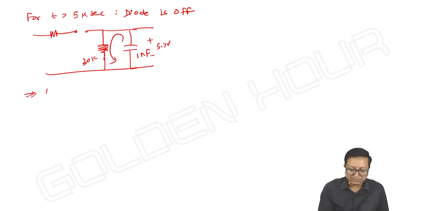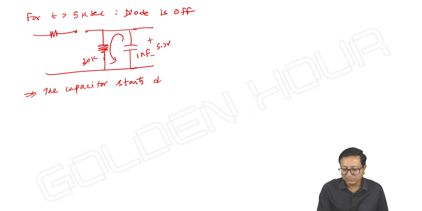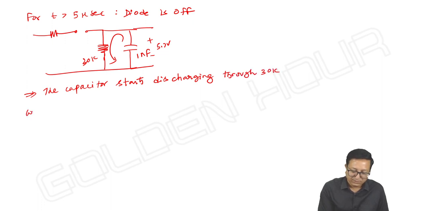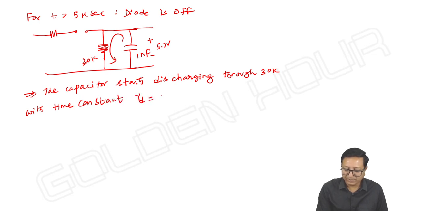So the capacitor starts discharging through 30k with time constant tau d equal to 30k into 1 nano.